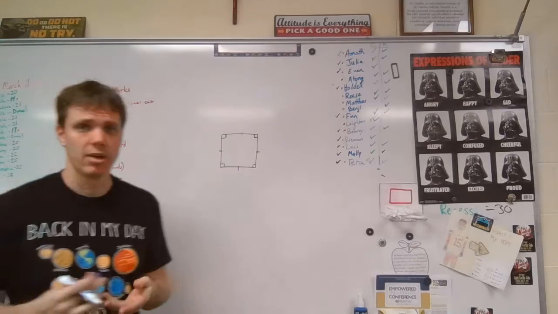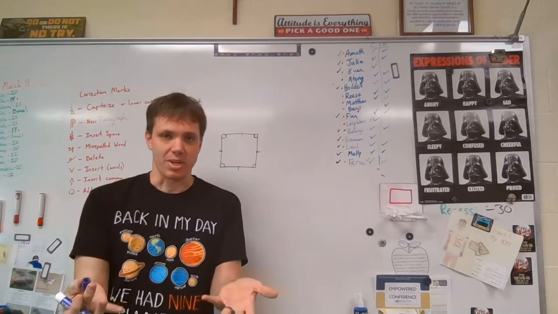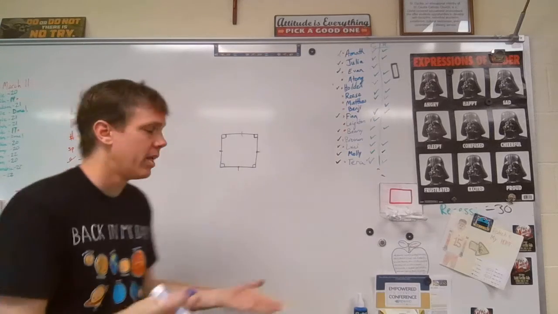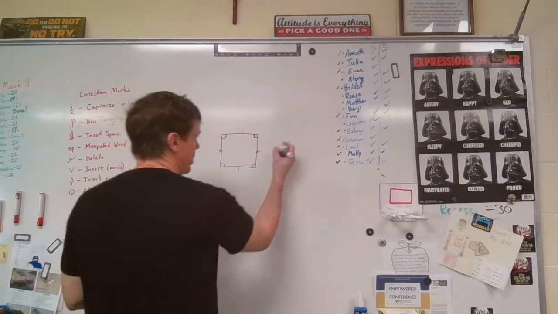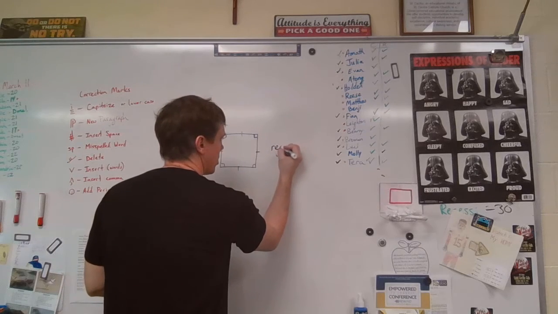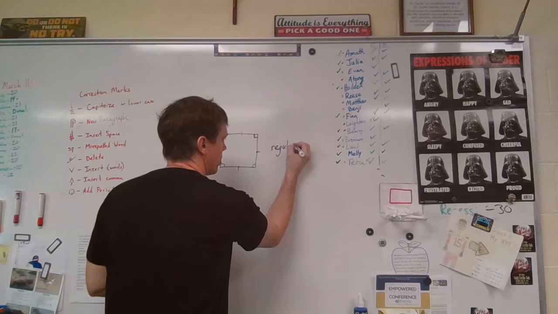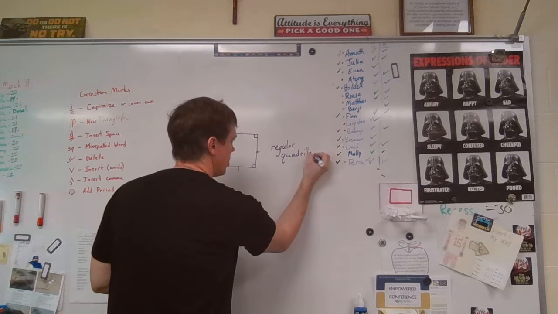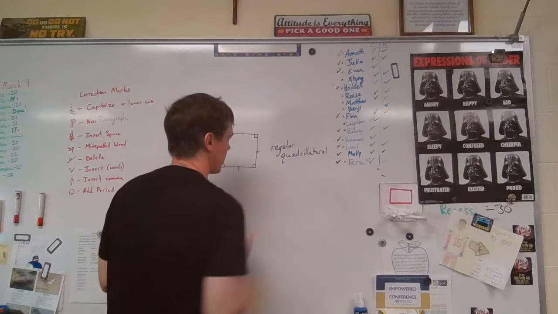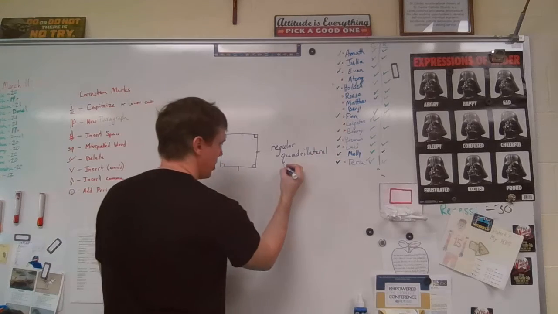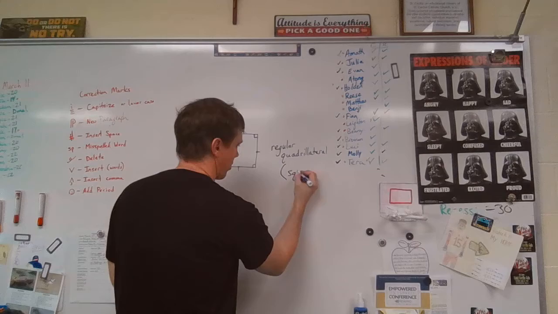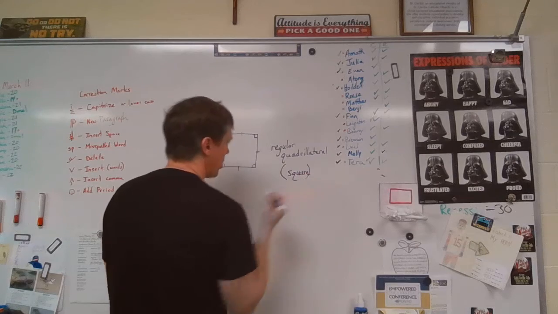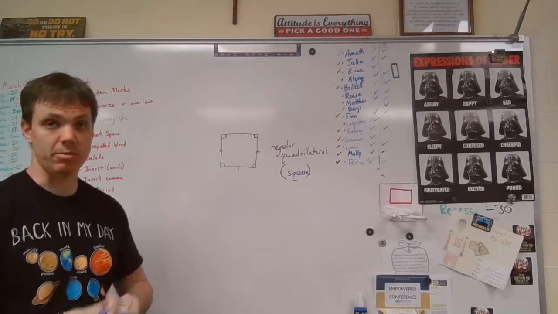They're all the same length. Okay, what shape would that be? That'd be a square, right? So this one is actually a regular quadrilateral, okay? But we give it the special name of square. Not all of them have special names, but some of them do.